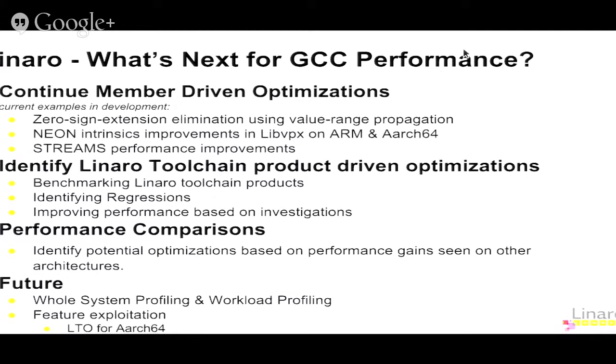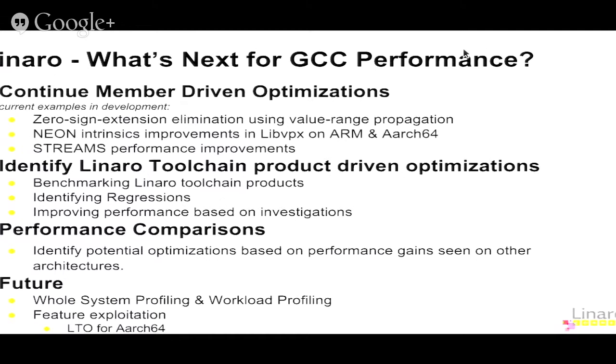We'll also work to own the performance of our toolchain products, so that's the second large bullet there. What we do is we benchmark our own products, identify regressions, and then turn around performance improvements based upon investigations.